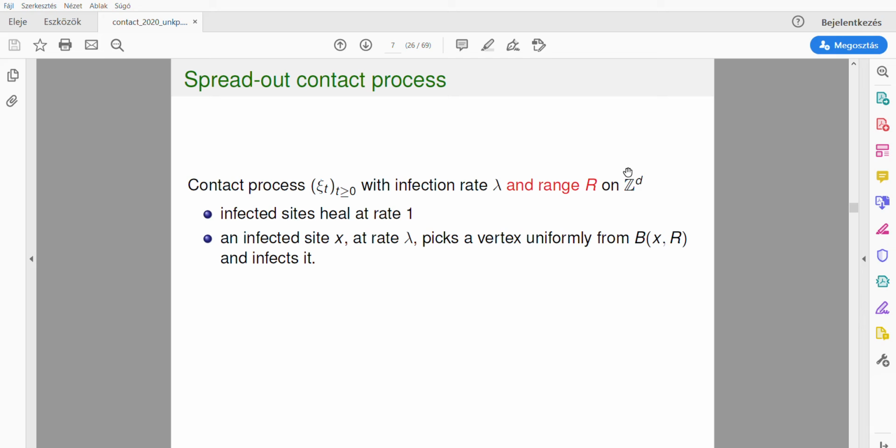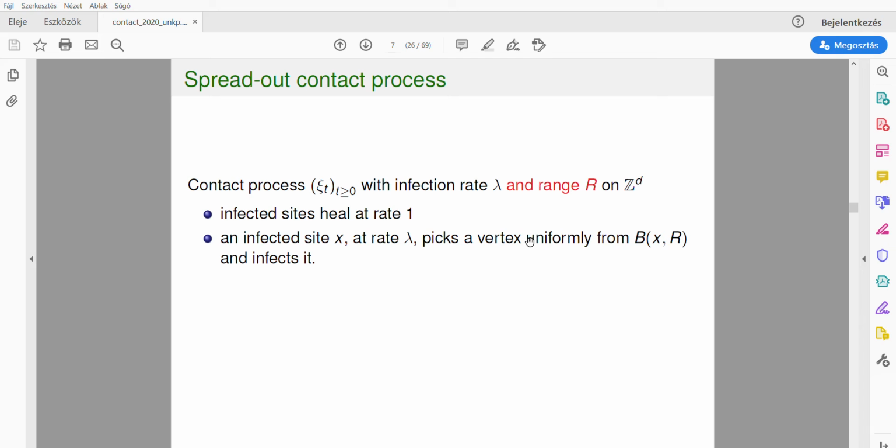If I'm an infected site, then I have an exponential clock with rate lambda, and when that clock rings, I pick a vertex uniformly from a ball of radius capital R around the vertex x. I try to infect it, unless it's already infected, in which case nothing happens.